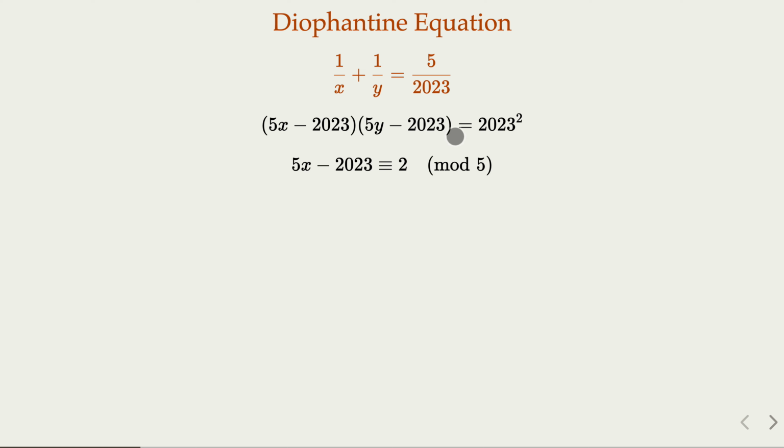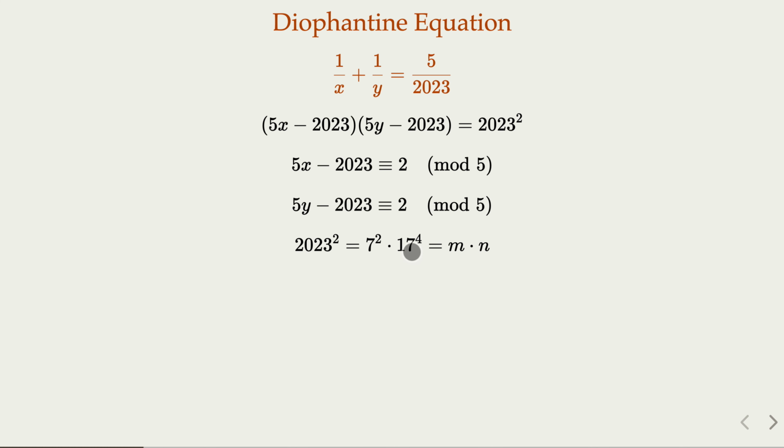The second term, same thing, right? It is also remainder 2 mod 5. Now you want to split the right hand side into two integers such that each individual one is 2 mod 5. How to do that? Let's try to factor the right hand side, right? You want to split that into an integer m times n, yeah?